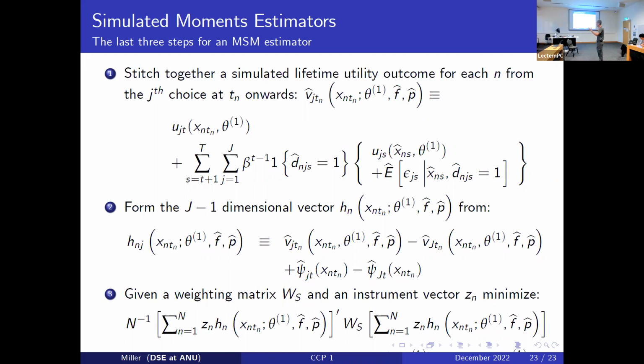They might not be enough to point identify everything, but imposing some plausible restrictions would still shrink the identified set a little bit, so that you could actually say something about counterfactuals.